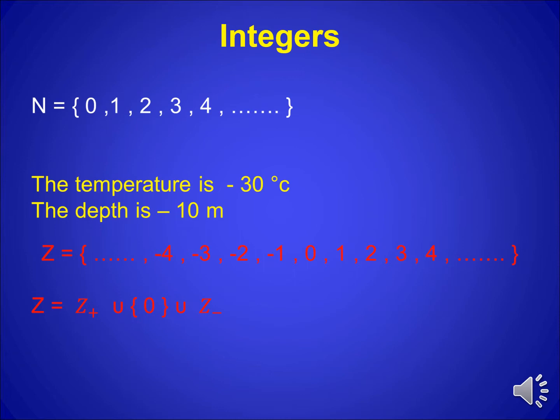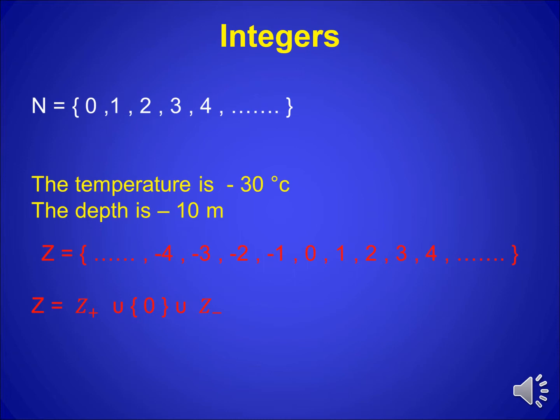In the next example, in Ras Mohammed, a place about 12 kilometers from Sharm el-Sheikh, the normal diving depth is 10 meters below sea level. Sea level is the zero, because we stand on land.